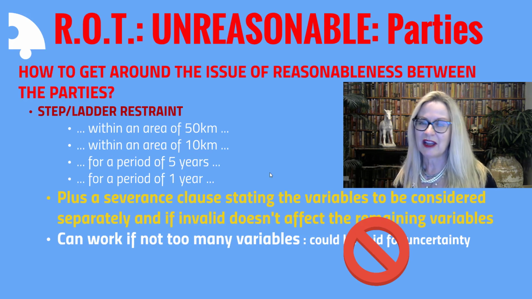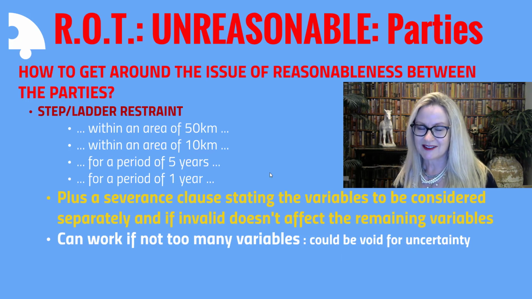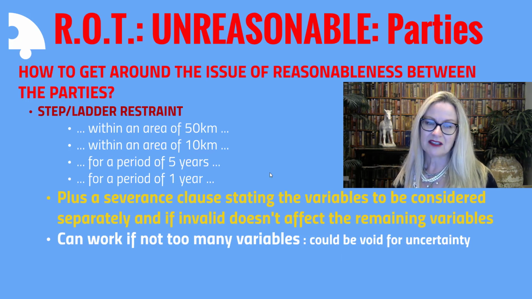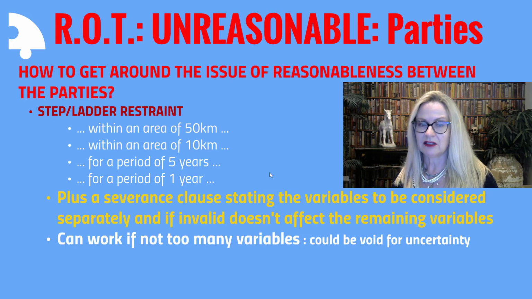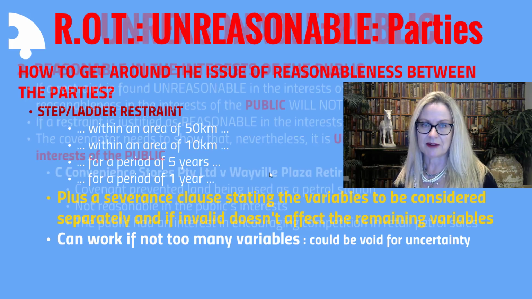So it's a bit of a winner-takes-all stakes game there. But if you do it in a restrained fashion with not too many variables, you might find that it assists your client in enforcing their restraint.